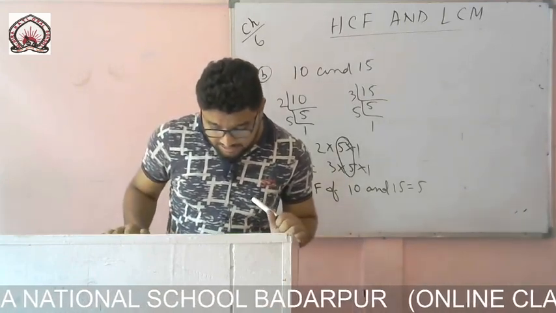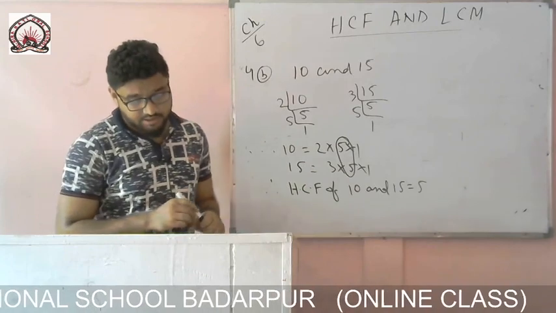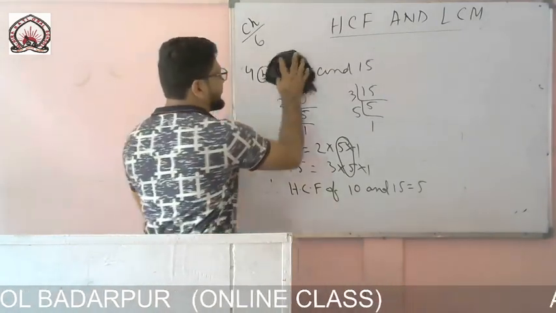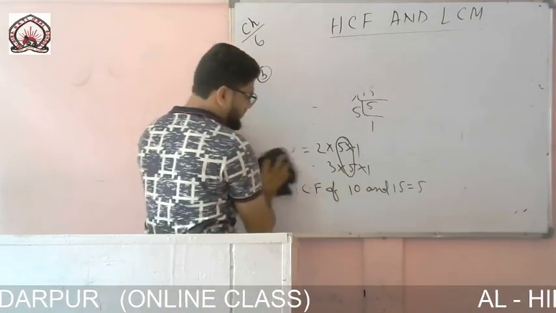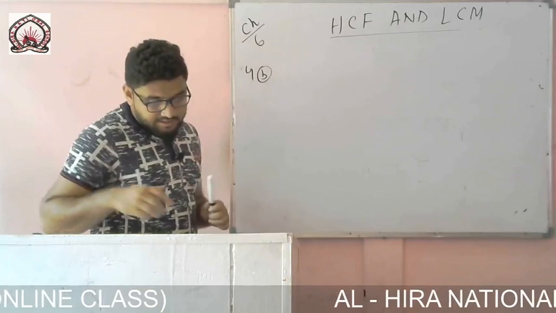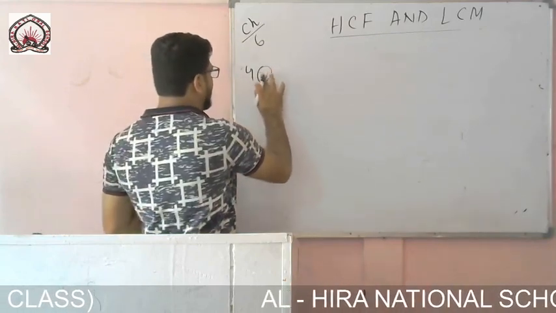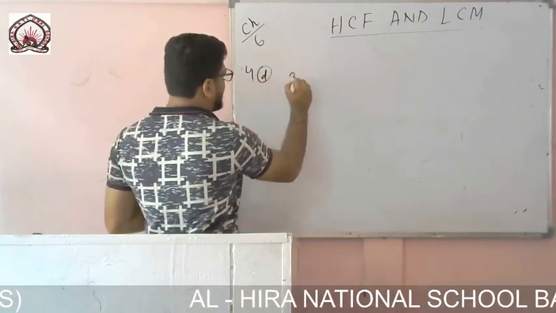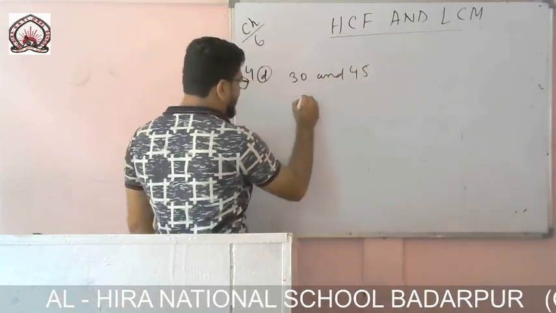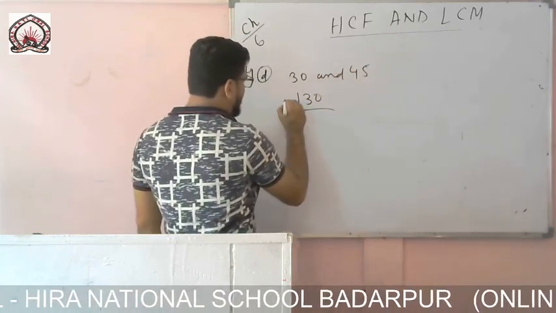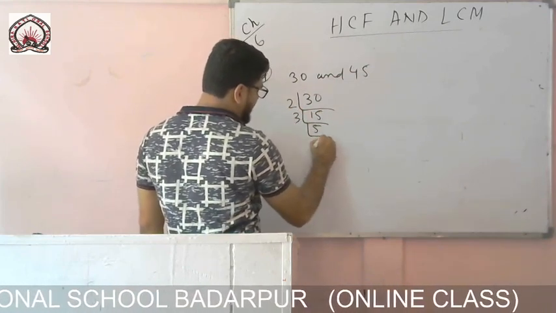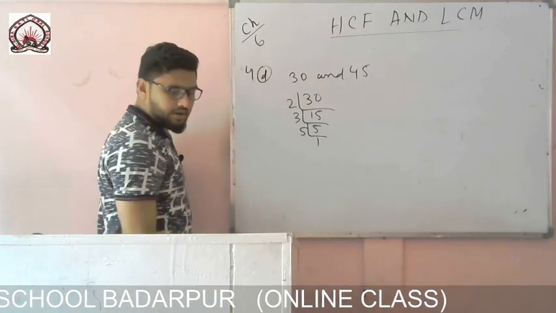Now come to question D, 30 and 45. Write 30: 2 15s are 30, 3 5s are 15, 5 1s are 5.